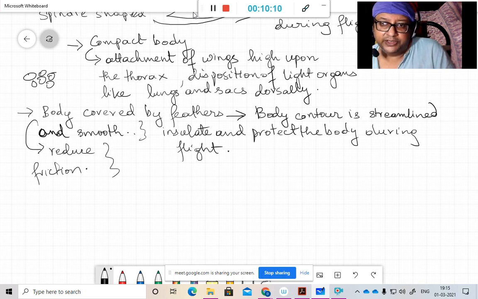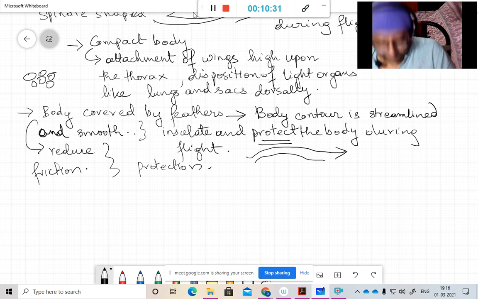Because of the feathers, the air smoothly flows over the body with least resistance, and since they are flying at high altitude, it can be cold, with direct exposure to UV light. So these feathers also provide protection. This is one more characteristic.